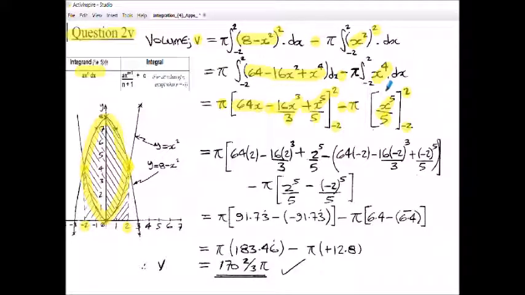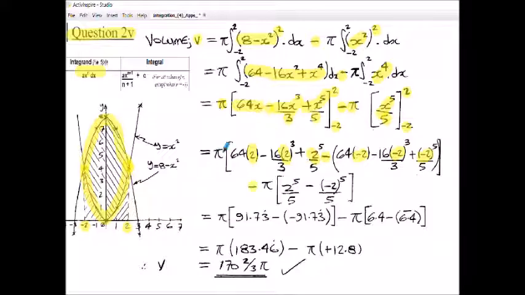Now I just impose my upper and lower limits into the various square brackets. So taking the first square bracket, I will put a 2 wherever I see an x for my upper limit, and I will put a -2 wherever I see an x for my lower limit. Don't forget, we're always taking away the limits here. It's always the upper limit, take away the lower limit. And then I'm looking at my second square bracket.